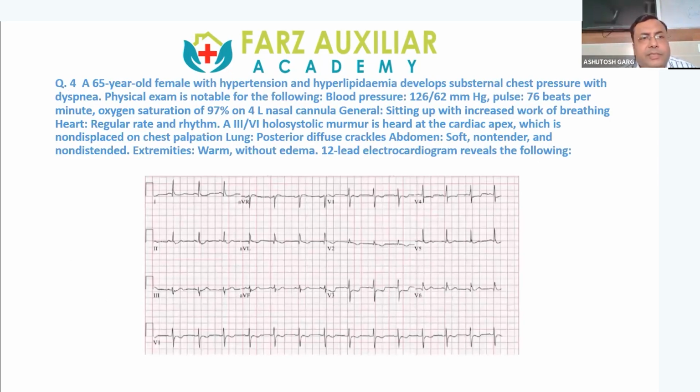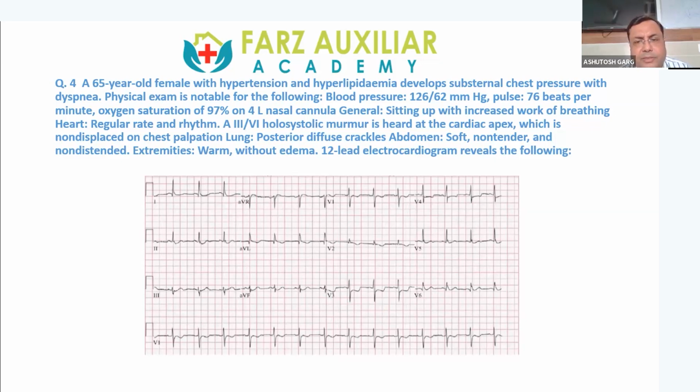So, next question. A 65-year-old female with hypertension and hyperlipidemia develops substernal chest pain with dyspnea. Physical exam is notable for the following: BP is 126/62, pulse rate is 76, saturation 97%, sitting up with increased work of breathing, heart rate regular with S3 or S4, a 3/6 holosystolic murmur is heard at the cardiac apex, non-displaced on chest palpation, lungs with posterior diffuse crackles, abdomen soft, non-tender, non-distended, extremities are warm without edema.